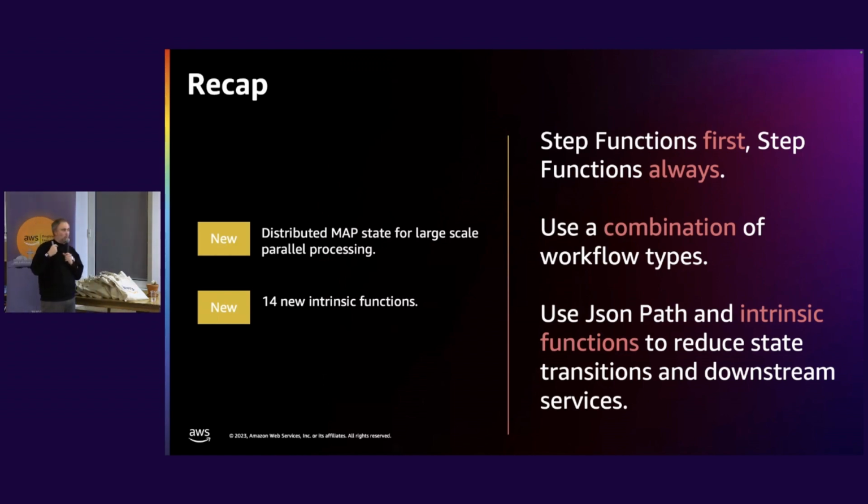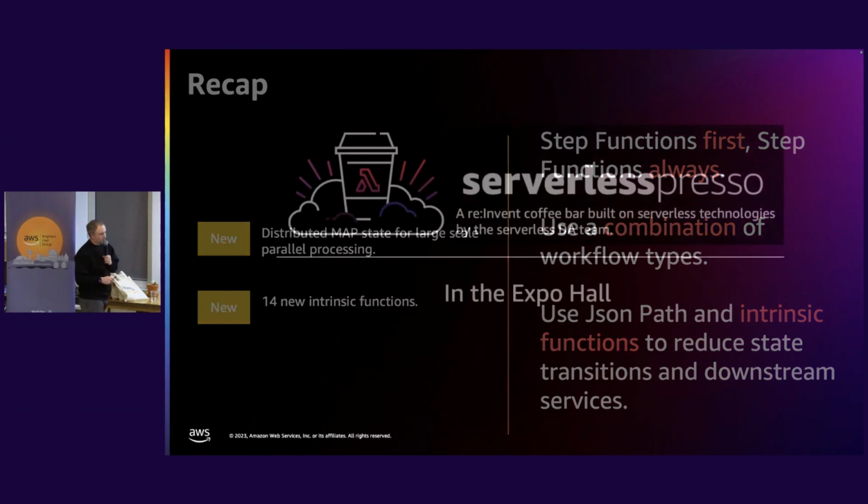We talked about why I think you should use Step Functions first when you build your next thing on AWS. We talked about the difference between Standard and Express workflows, when you would use one over the other, and the cost implications of that. And we talked about path processing, how you manipulate and transform data as it moves through your state to save you money when you're building with Express workflows.